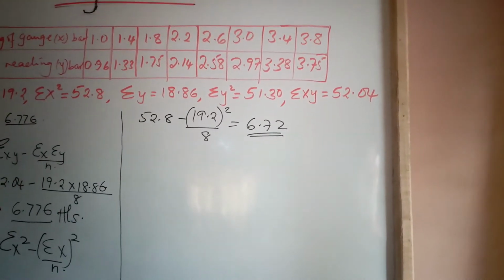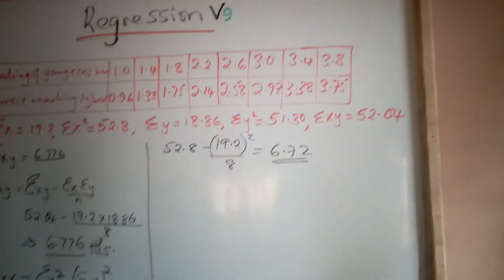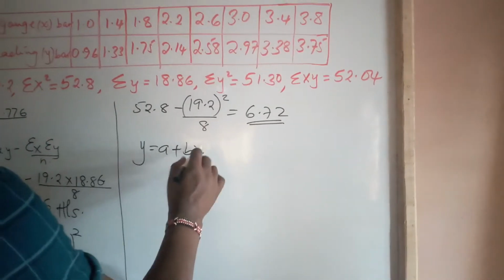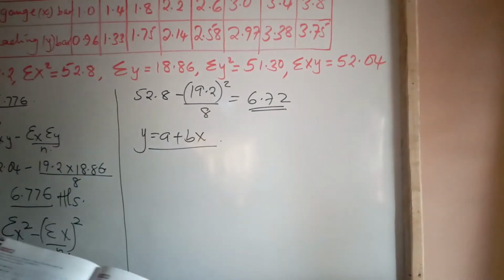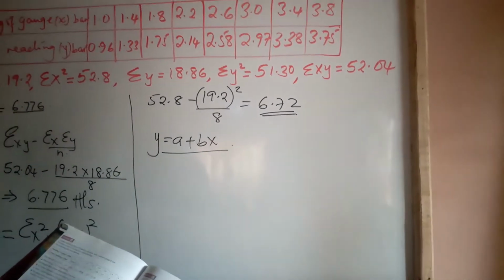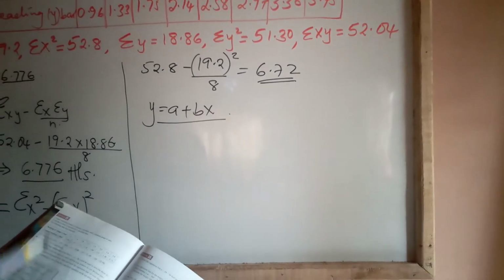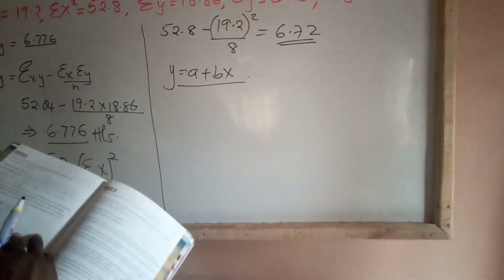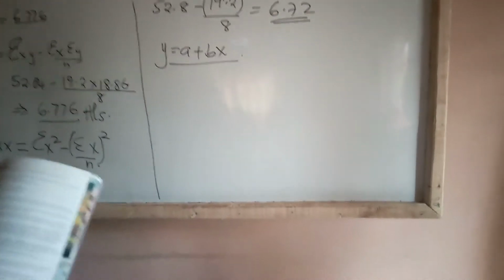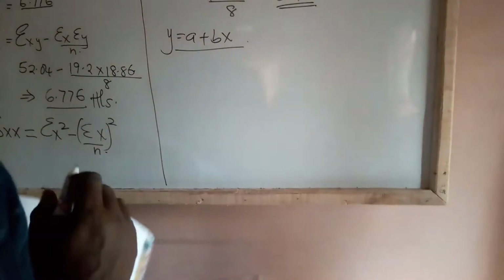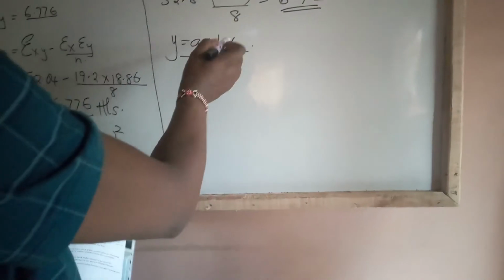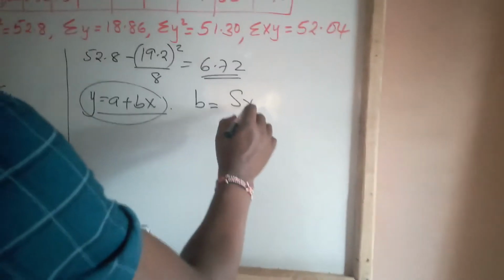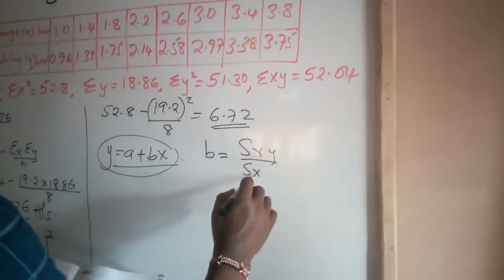Use linear regression to find the value of a and the value of b, giving your answers to one decimal place. In this equation of regression, b is always given by SXY over SXX.